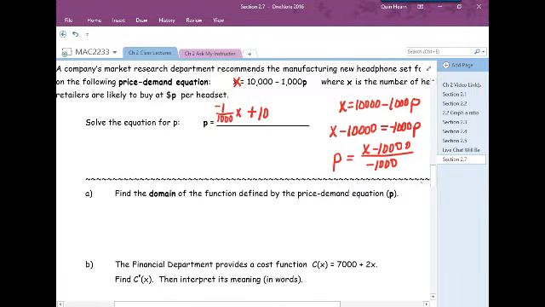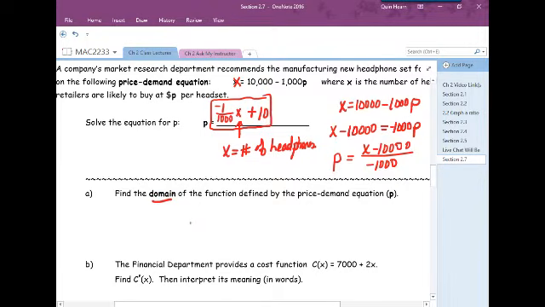They're asking us to find the domain of the function defined by the price demand equation P. So what is the domain of this function? Well, remember, X represents the number of headphones. Although this is a line and technically we could have any values of X that we wanted, it doesn't make sense to have less than 0 headphones.